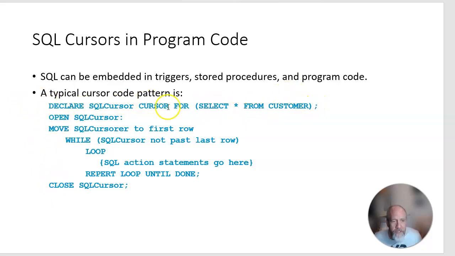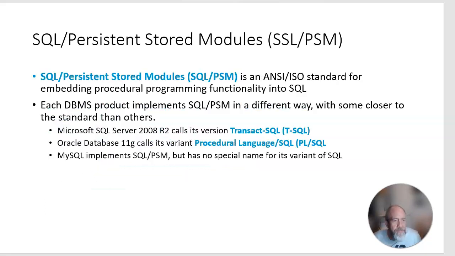You declare the cursor. That's not really the declarative part. You can always declare variables in procedural languages. This part, the select star from customer, is the declarative part. You're saying, go out and get everything and bring it back, stick it in this cursor. That cursor is a variable, and now I can go through each one of those line by line.